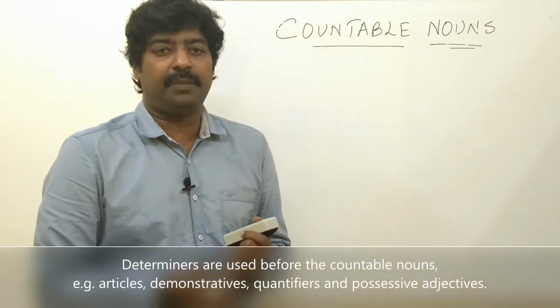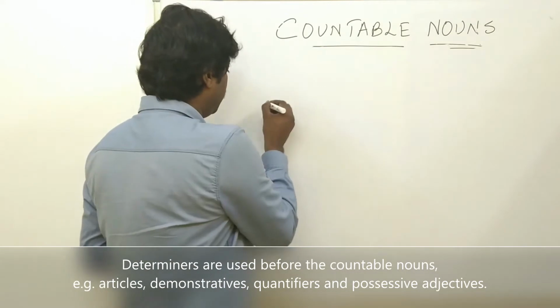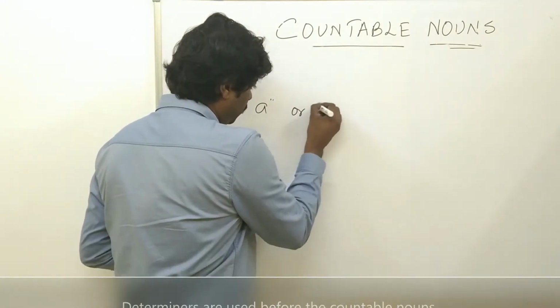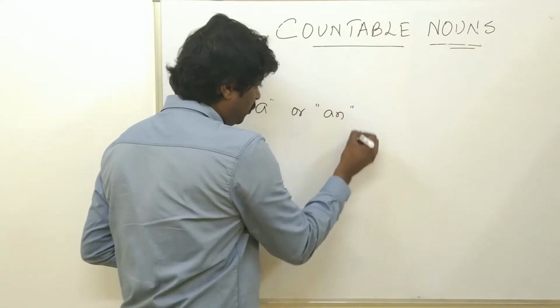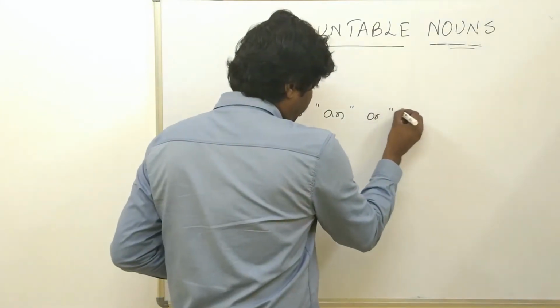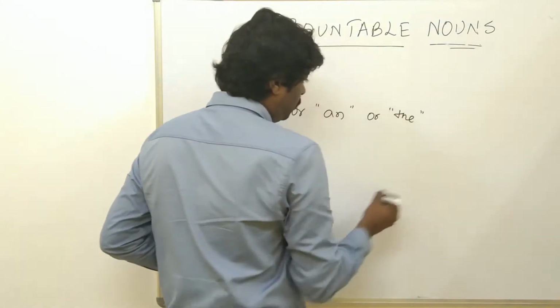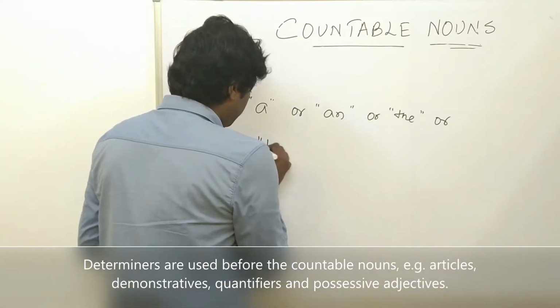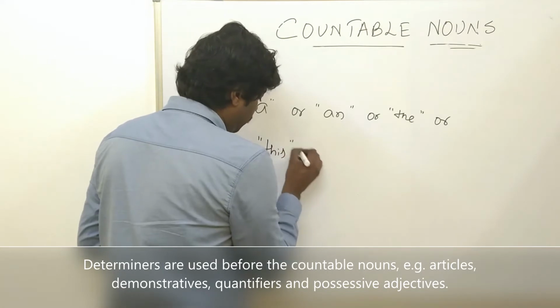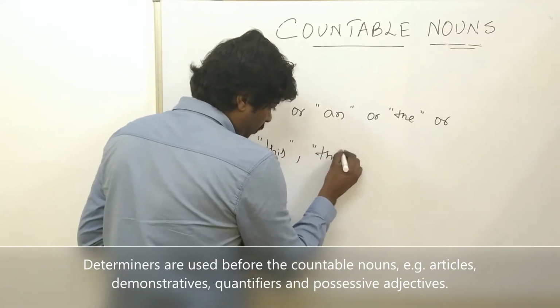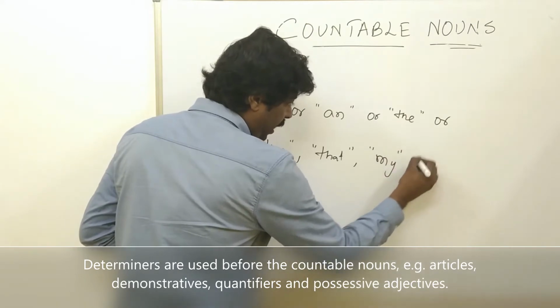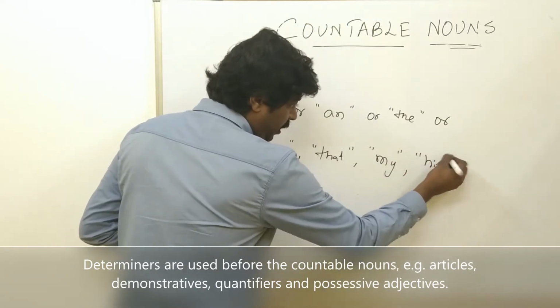For example, determiners are like articles a or an, or the, or we could use this, that, my, his.